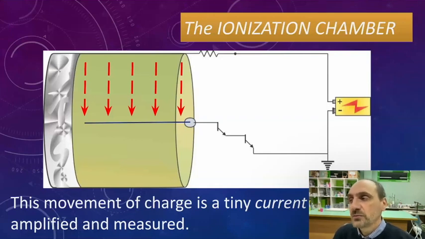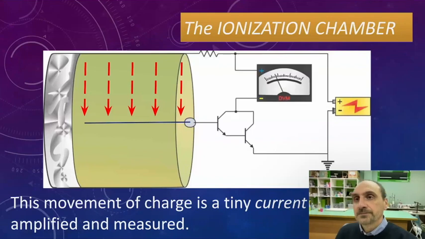So we have to ask for help from the electronics, but it's not that complicated. Just a transistor. A transistor is a small device that amplifies the current. So if I put a transistor in this simple circuit, I can have a current that I can detect with some instruments.